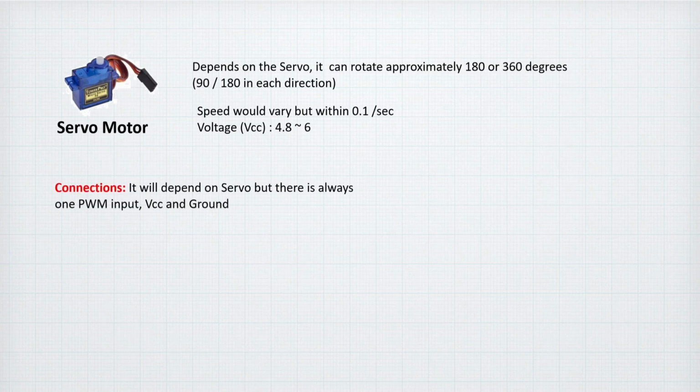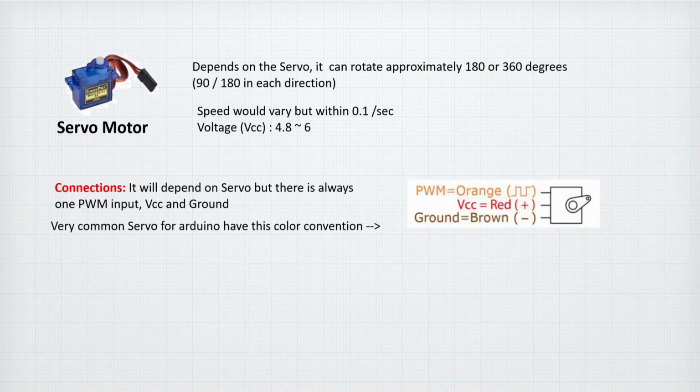For the connections, it depends on the colors, but usually there are 3 wires, one for the PWM or the signal, and a VCC and the ground. So usually the common one that you have with the Arduino has the orange for the PWM connection, the red wire for the VCC, and the brown for the ground.